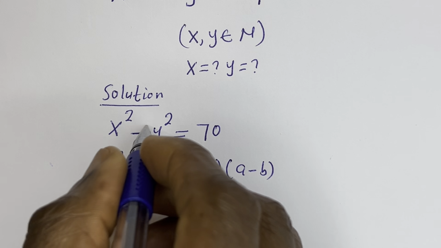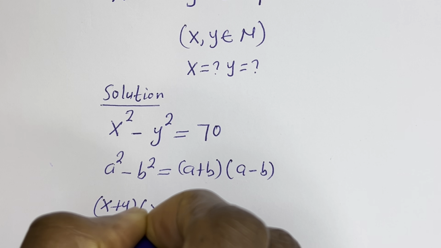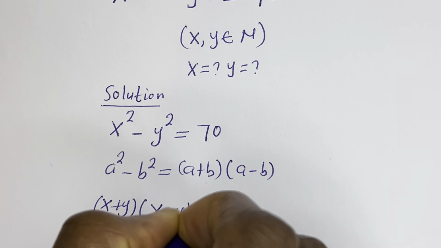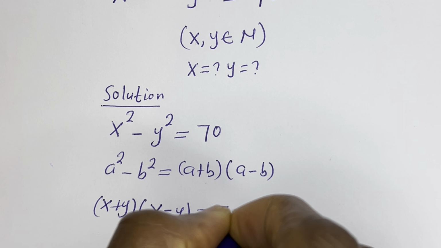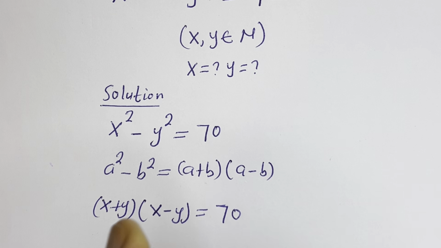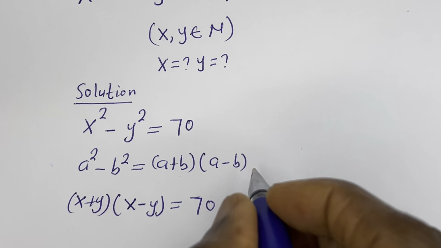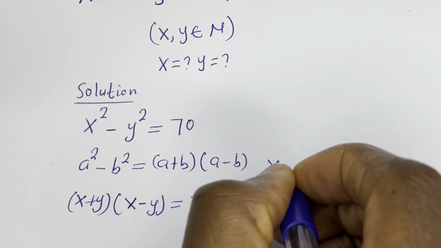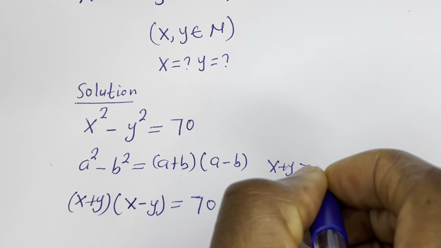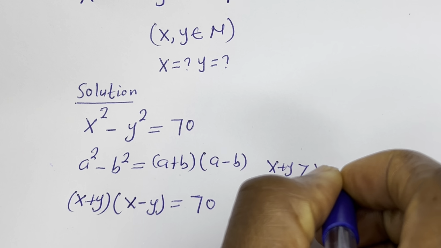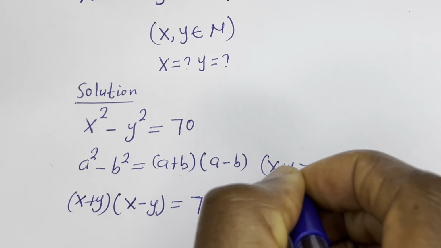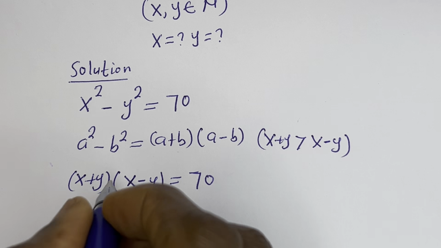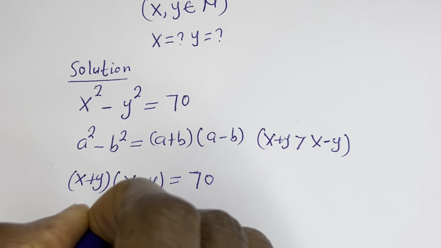Then this can be written as (x plus y)(x minus y) is equal to 70. And from here, x plus y is greater than x minus y, and this implies that this is greater than this.